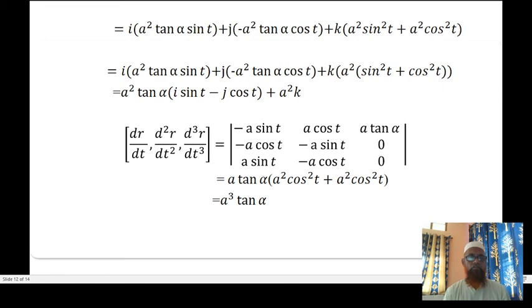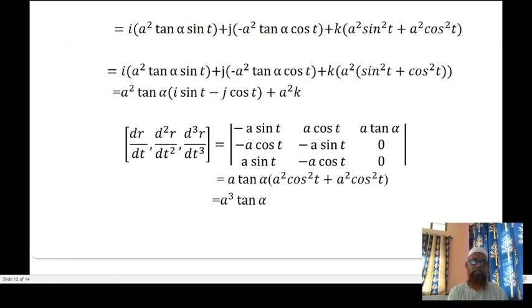Simplifying, i times a² tan alpha sin t, plus j times minus a² tan alpha cos t, plus k times a² sin² t plus a² cos² t. In the third term a² is common, sin² plus cos² is 1. In the first two terms a² tan alpha is common. So a² tan alpha (i sin t minus j cos t) plus a² k.